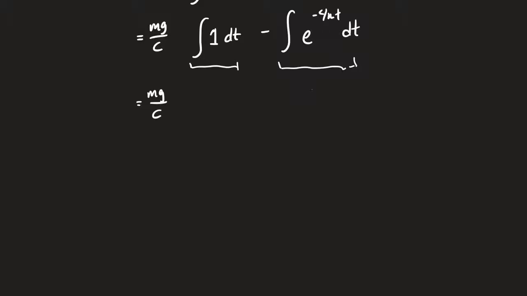That 1 is actually t to the 0 power. So I will add 1 to the exponent, divide by the new exponent, and that term is done.